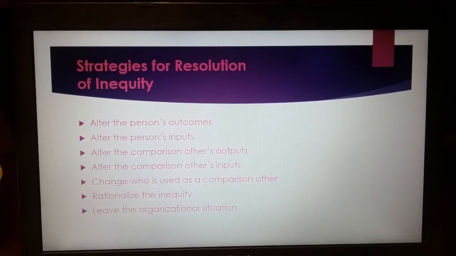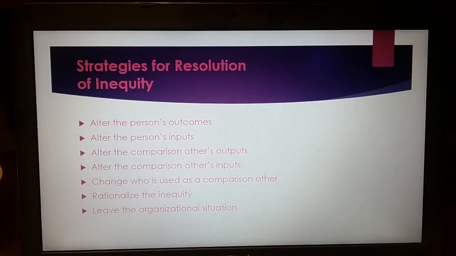The thing is, how do you resolve inequity? You can change what goes on either on the side of the individual or the side of the other person, the person they're being compared to. You can change who's used as the comparison other, somehow give a reason for why there's an inequity, or you can leave the organization.